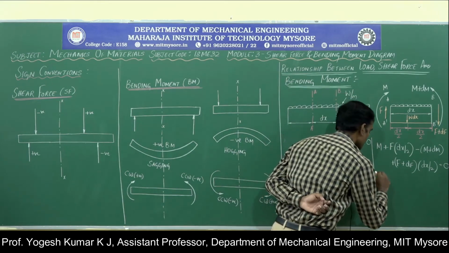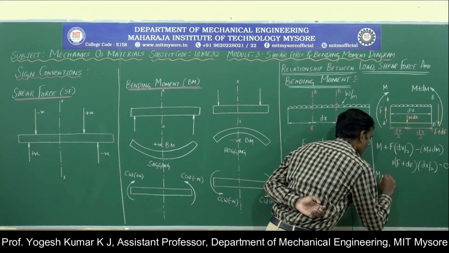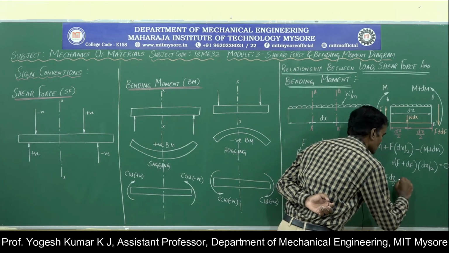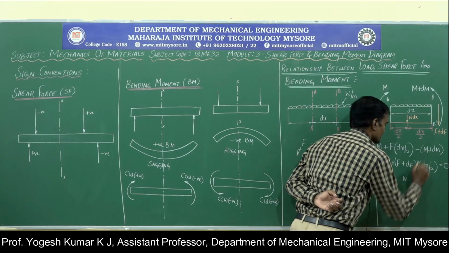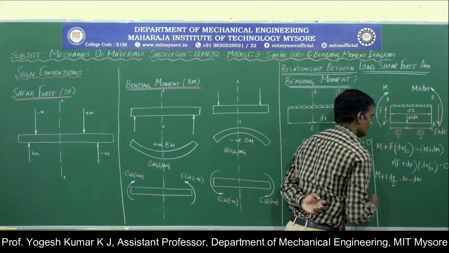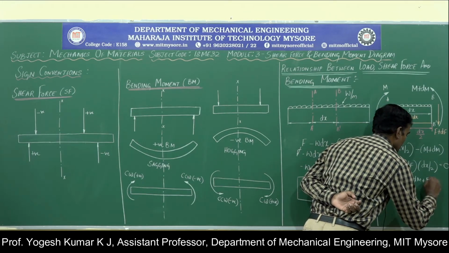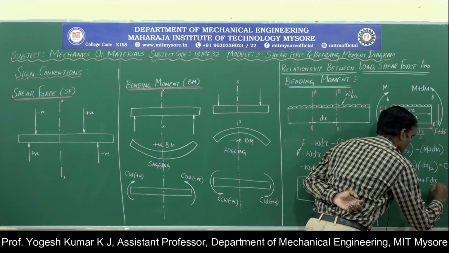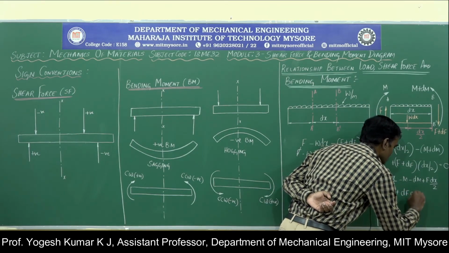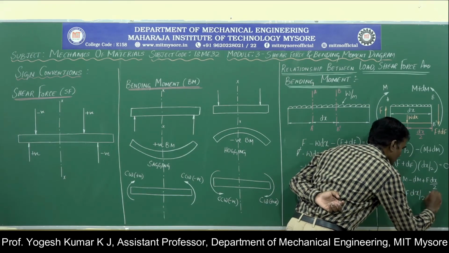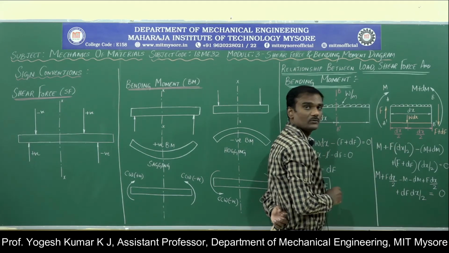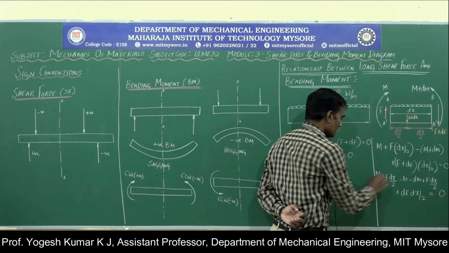Now let us simplify. M plus F dx by 2 minus M minus into plus minus dM plus F dx by 2 plus dF dx by 2, whole thing equals 0. Can we eliminate a few terms?